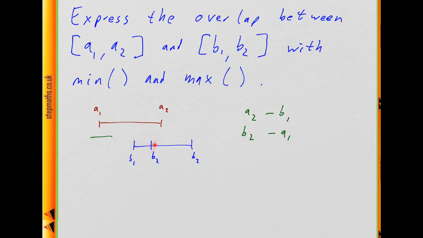So in that case it would just be b2 minus b1 is the length of the overlap. So using min and max, let's ignore this one because that's where it's on the left. Just think about what I said before was a2 minus b1, in this case where the second interval is quite long. If this interval is contained in this one, it's going to be b2 minus b1.